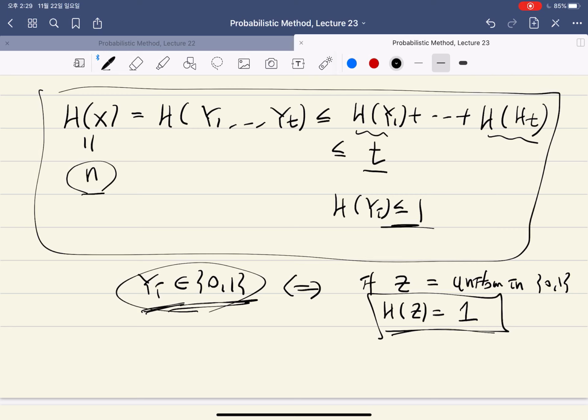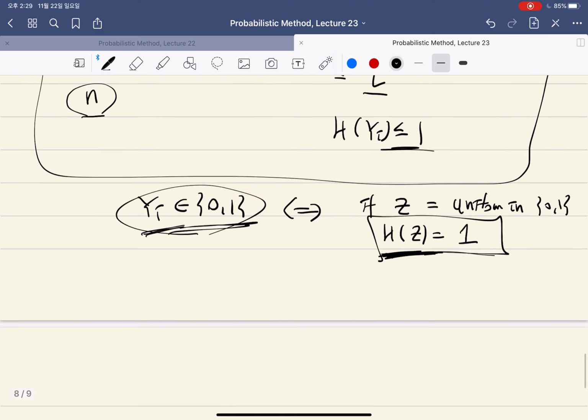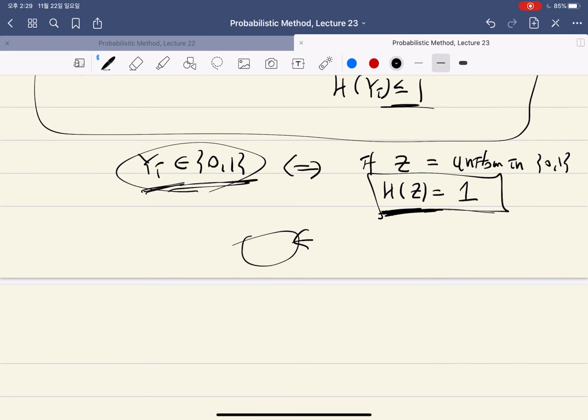Because we are doing combinatorics, we want to count the discrete objects. But counting is kind of the same as computing entropy when a uniform measure is given. When a uniform measure is given and you know the number of pieces exactly, then you can compute the entropy exactly. And if you know the entropy, and you know this is uniform, then you can use it to count the number of discrete objects.